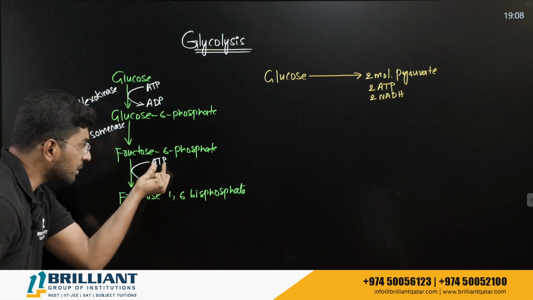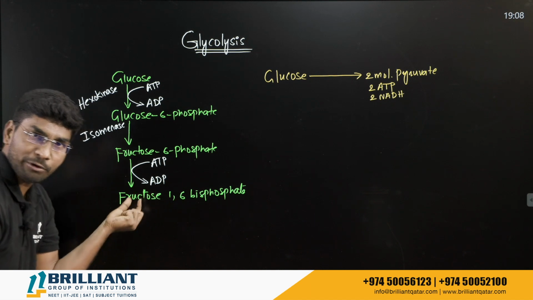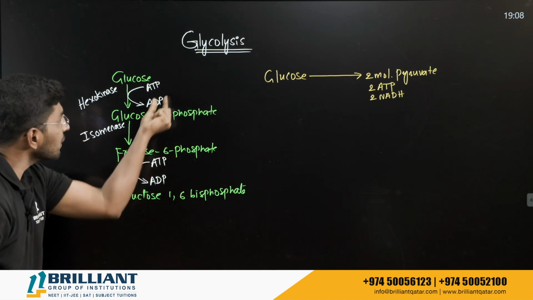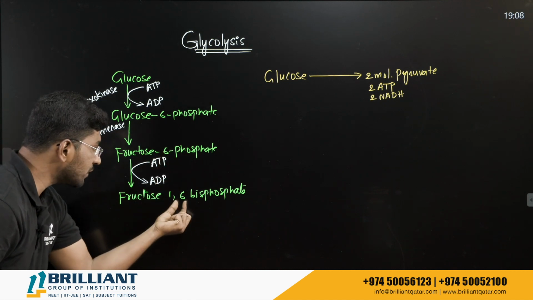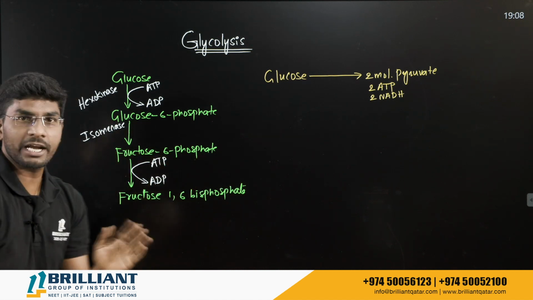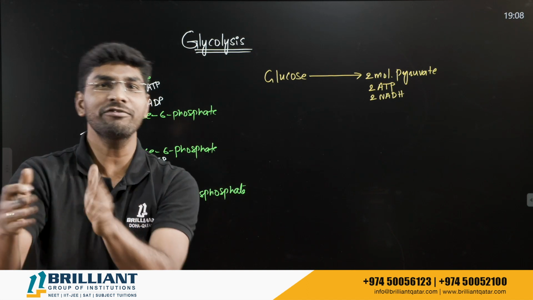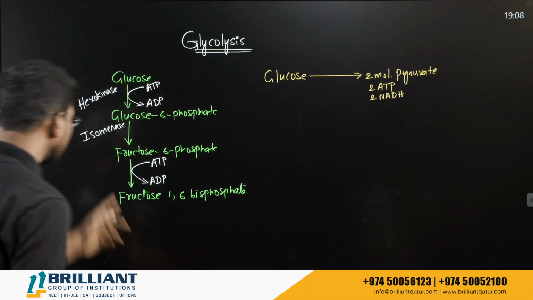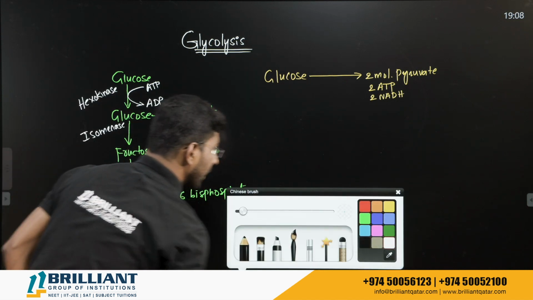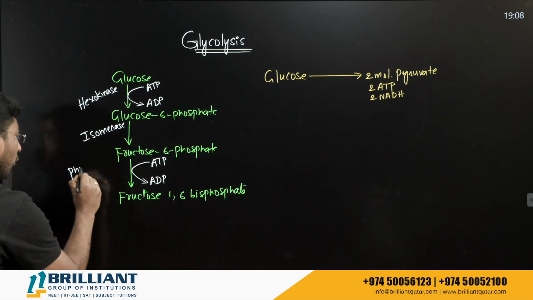The second ATP, that means the second phosphate, is on the first carbon of fructose. The first phosphate is on the 6th carbon. You got my point? So how many total phosphates are there? 2. So bisphosphate, fructose 1,6-bisphosphate. So which enzyme is doing this action? Which enzyme is participating in this reaction? Write down the enzyme name. Fructokinase enzyme.